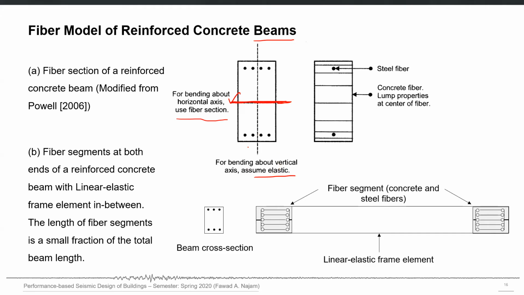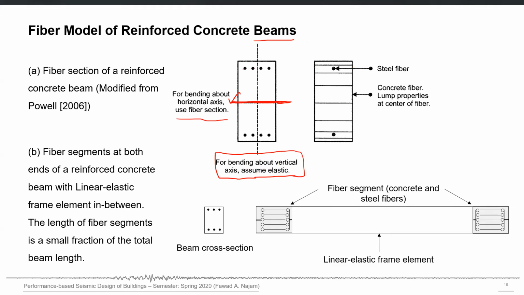If we want that behavior to be inelastic, we can cut in the vertical direction also, but for beams we are not much concerned with that behavior. We will just leave it as elastic. So we just cut the cross section only in this direction.